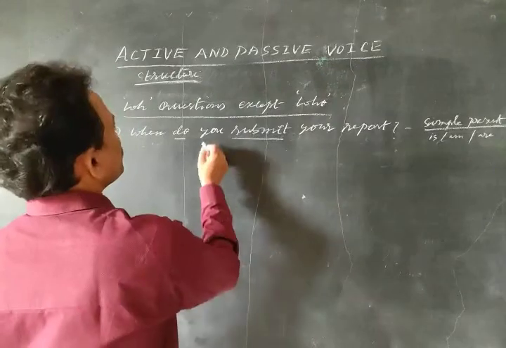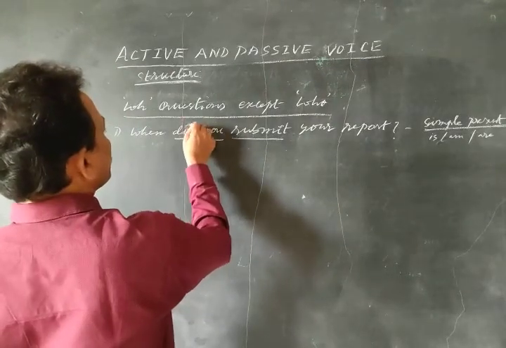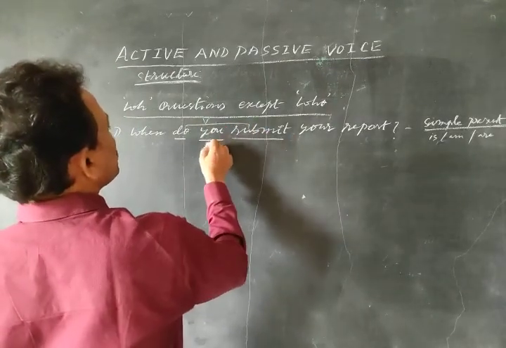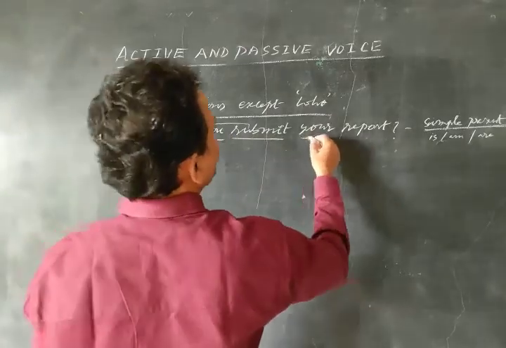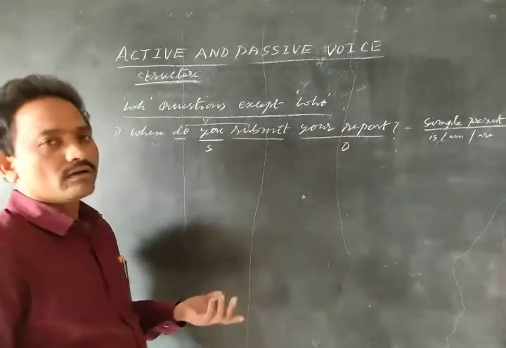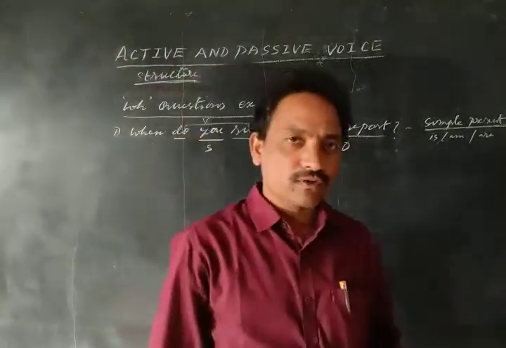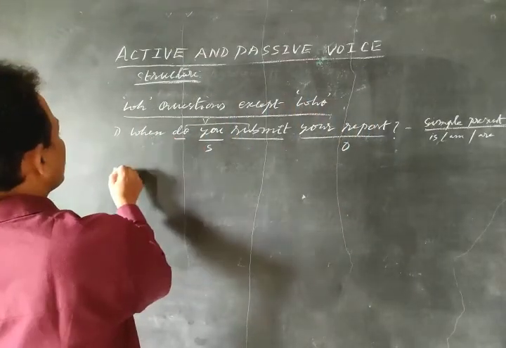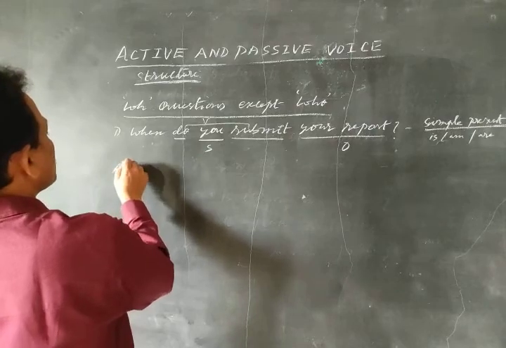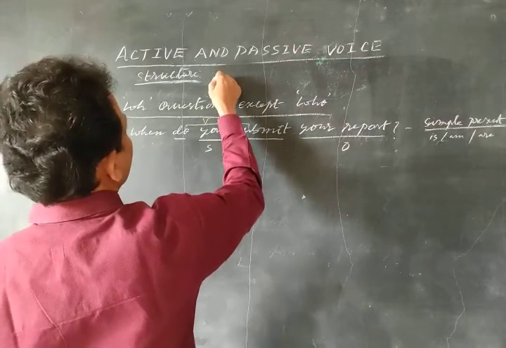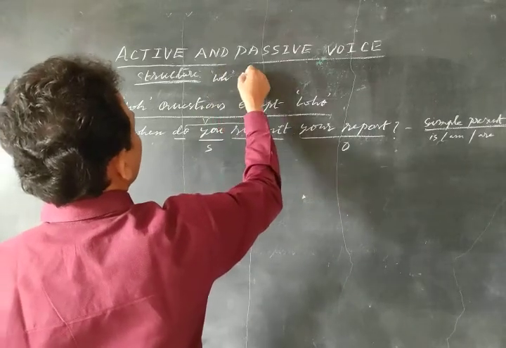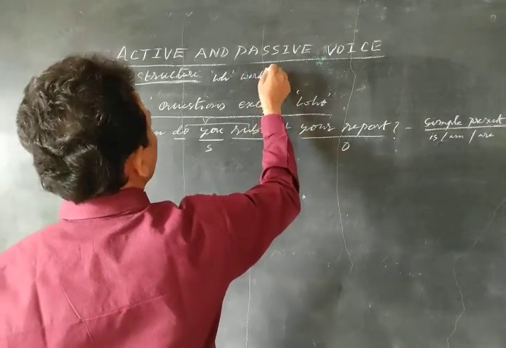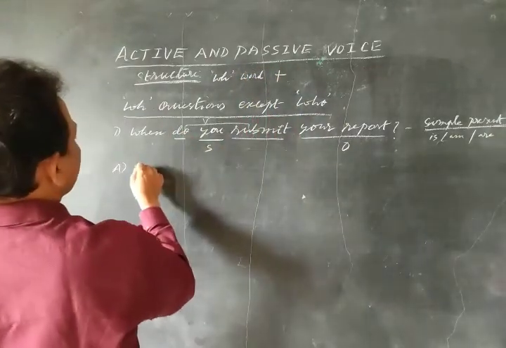You is the subject. Your report is the object. As usual, all the 5 rules are also followed here. This begins with the same WH word structure: WH word plus. So when.